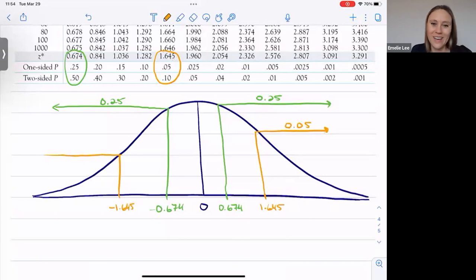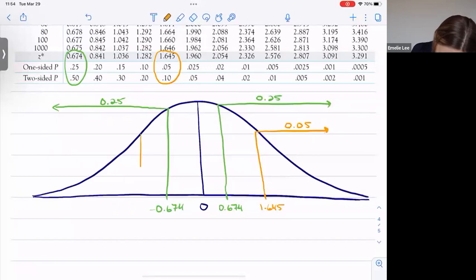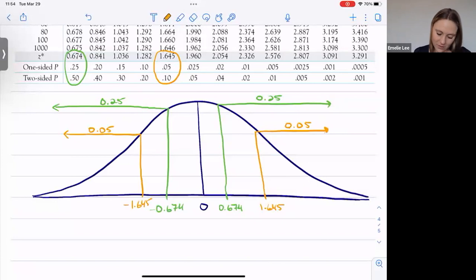Oh, that's not very symmetric, is it? I have to fix that. Negative 1.645. There. It doesn't look very beautiful, but I think you're getting the idea.